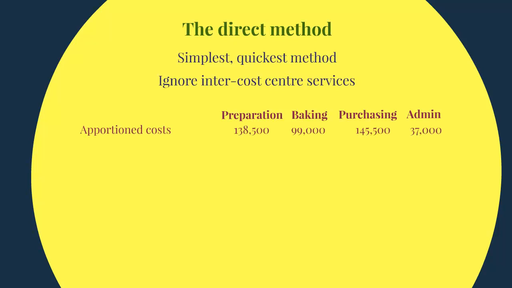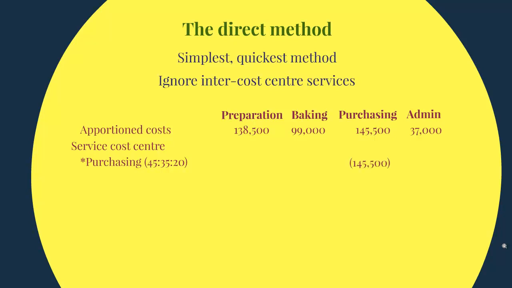So we have our apportioned costs here. We know that the total figure for preparation is 138,500, 99,000 for baking, 145,500 for purchasing, and 37,000 for admin. And we know that the work done by the purchasing department for the various other ones is apportioned at a rate of 45% for preparation, 35% for baking, and 20% for admin.